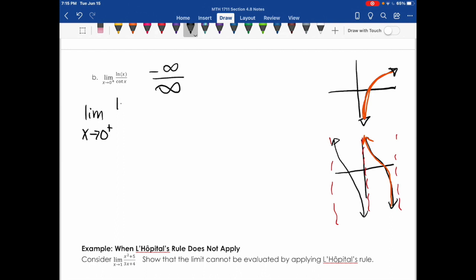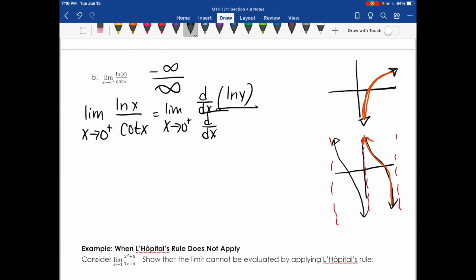So I'm going to say that the limit as x approaches 0 from the right of the natural log of x over cotangent of x is equal to the limit as x approaches 0 from the right of the derivative with respect to x of the natural log of x over the derivative with respect to x of cotangent x.